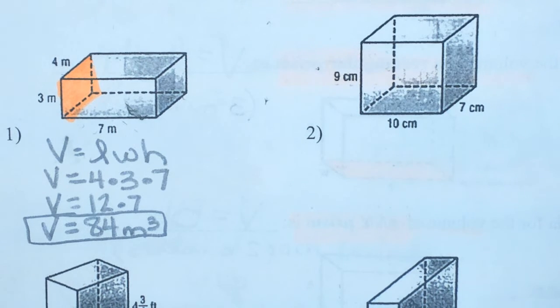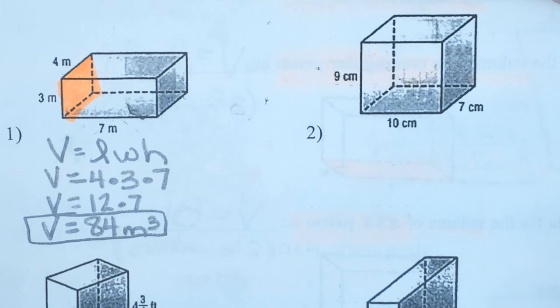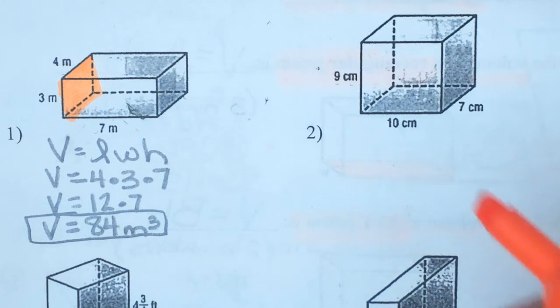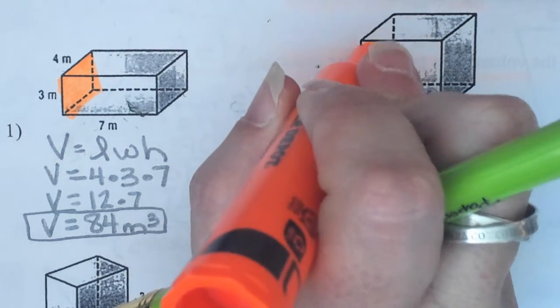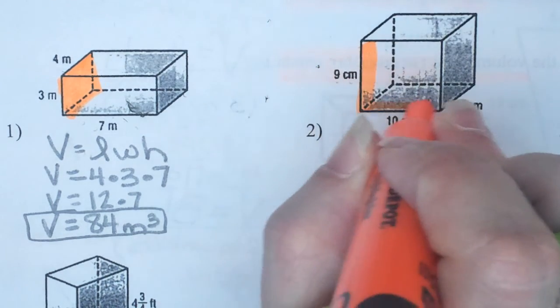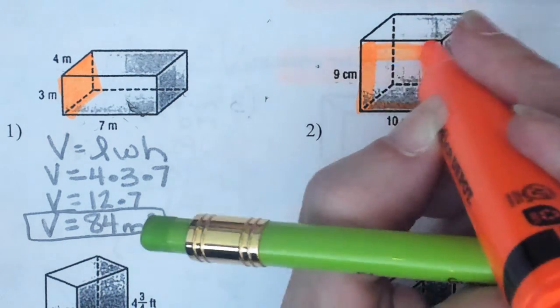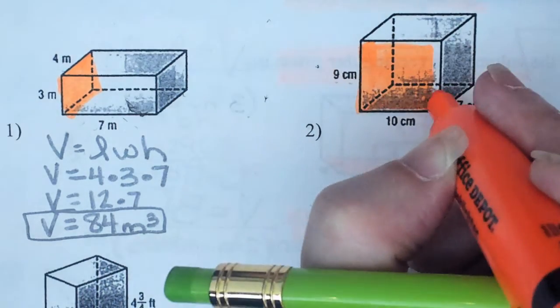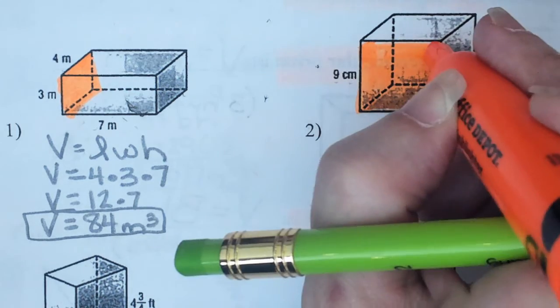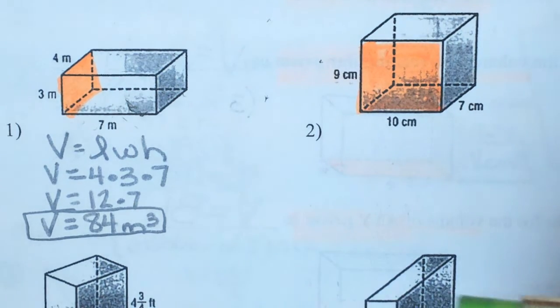Okay, number 2. What do you kind of feel is the base on that one? 10 and 9. Okay, so if you want to do 10 and 9, you're saying this wall and that wall. And that's fine. That's just the front of the box. Just shading it in. Someone else might have said 10 and 7.